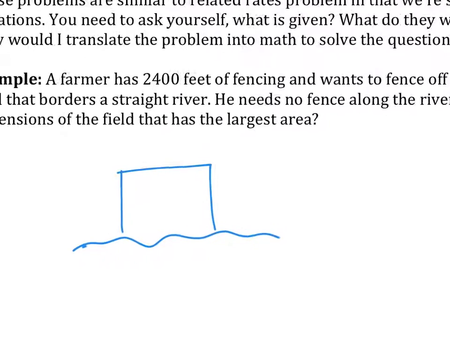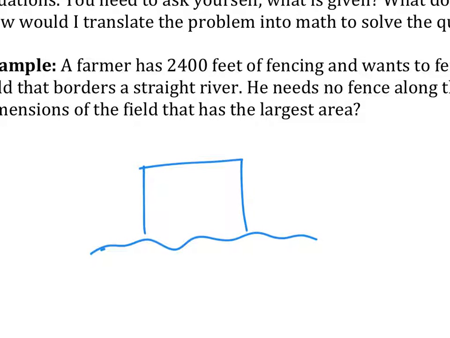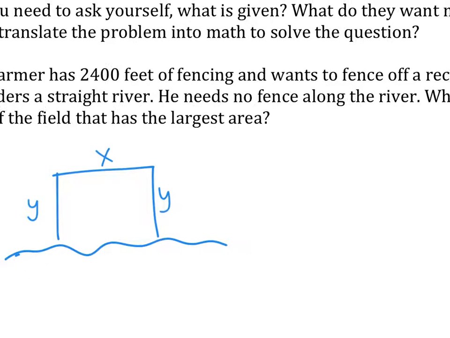All right, we have two things. We have area and we have perimeter. So first, let's label these things. I'm going to label this X and then 2 Y's. You can label them anything you want. Okay, the perimeter is what?